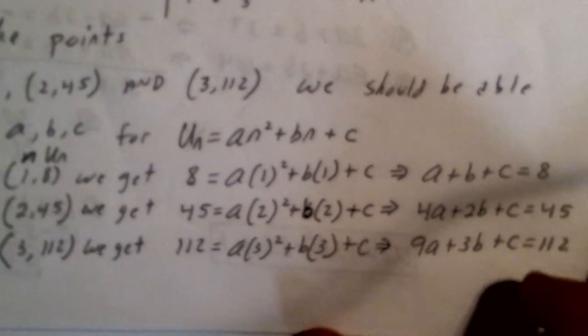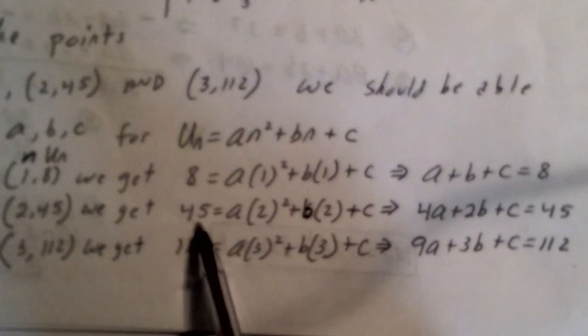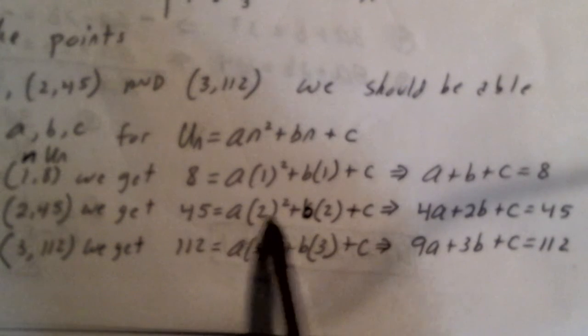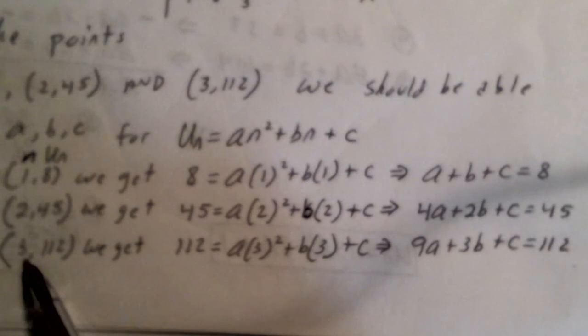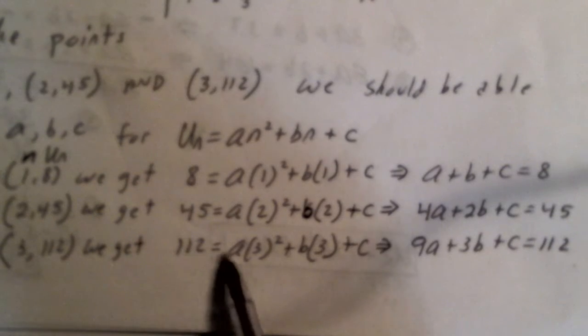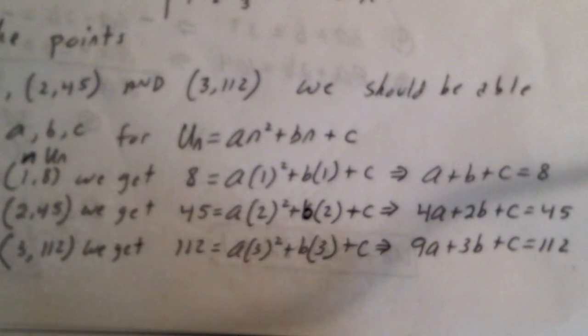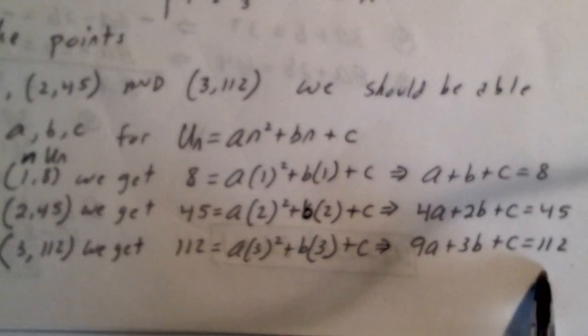Then we let n be 2, and u of 2 is 45, and we get the second equation. Then we let n be 3, and u of 3 is 112, and we get this third equation. Now it comes down to solving this system of 3 equations and 3 unknowns a, b, and c, and then we will have our quadratic function that models this quadratic sequence.